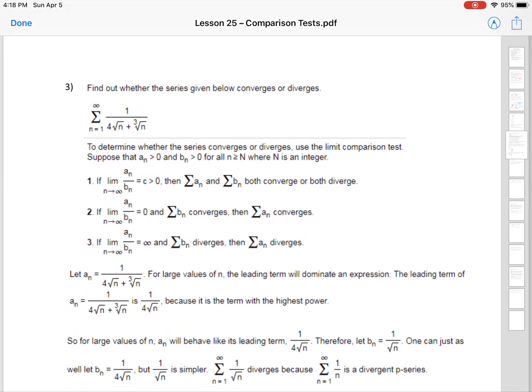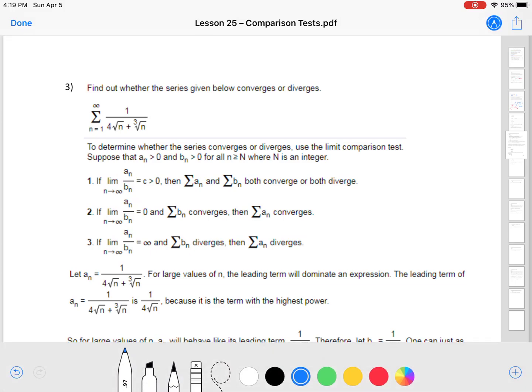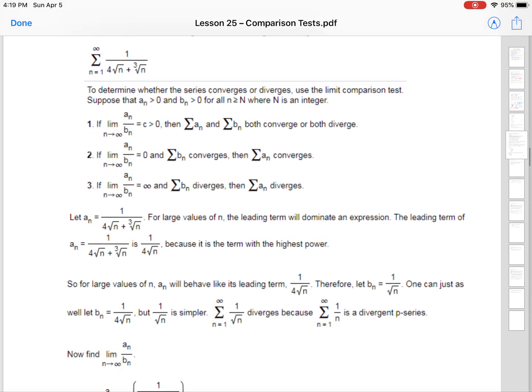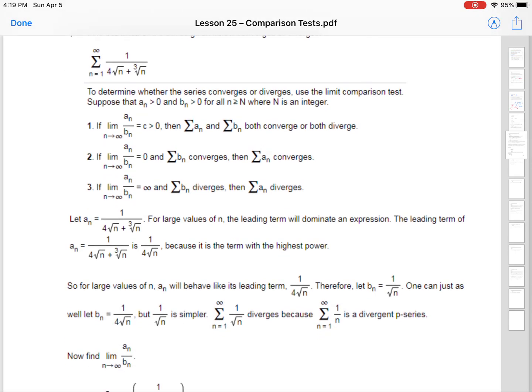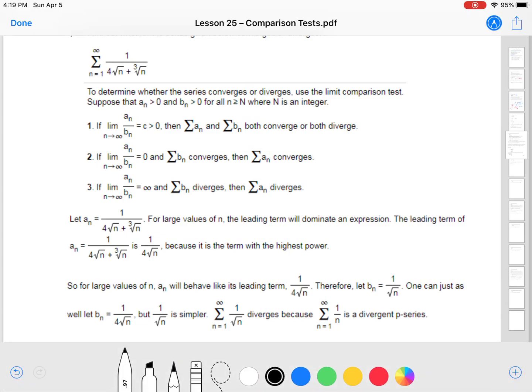Let's look at this example. Find out whether the series given below converges or diverges. And we can use the limit comparison test. Just as a reminder, here are all the possible answers and situations.